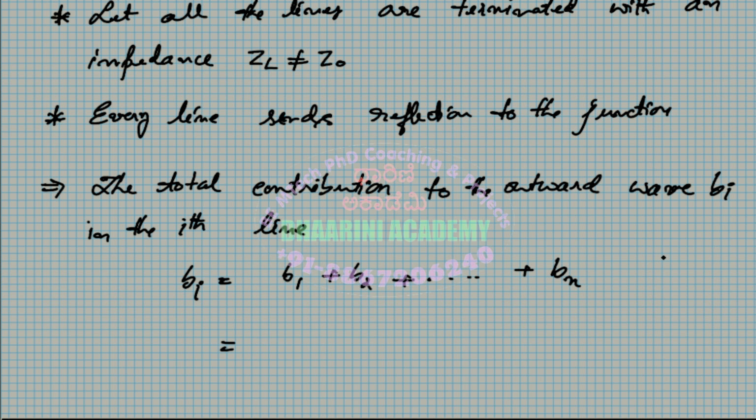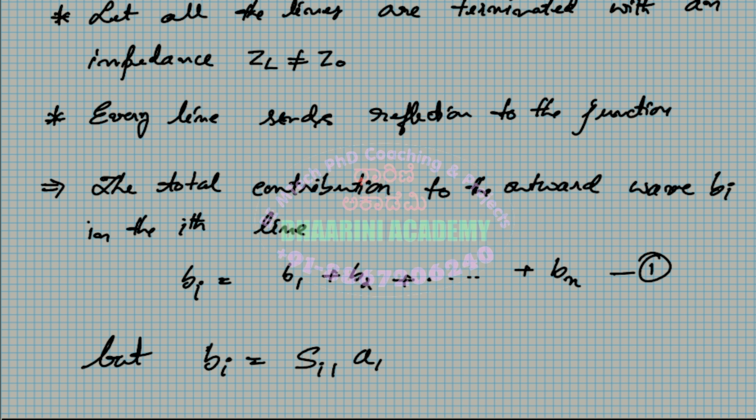Since we are discussing this for the first time, I'll write the complete equation as well. Any general bi can be written as Si1 a1. So this is what I'm trying to write as the general form.